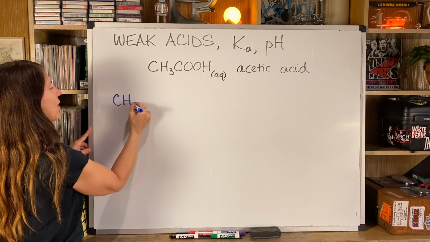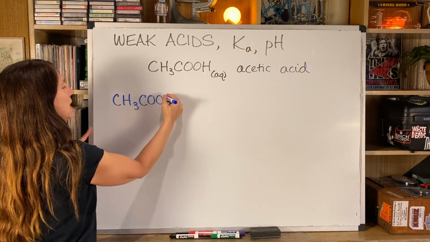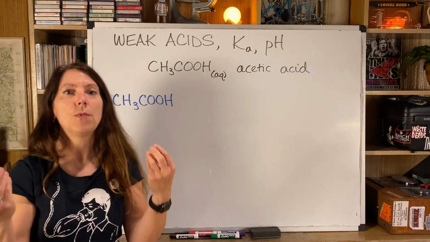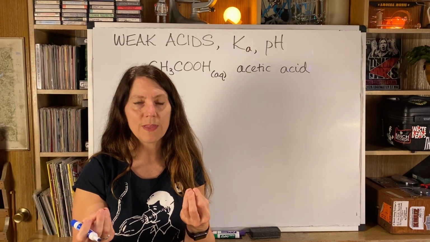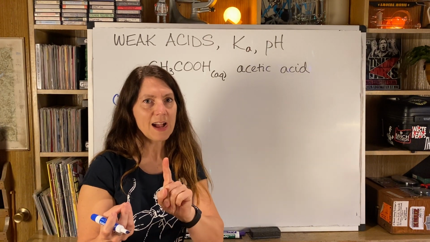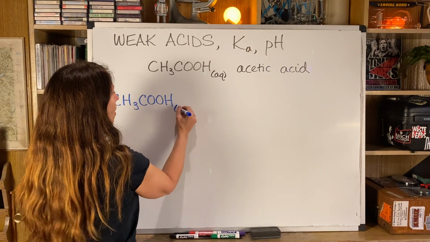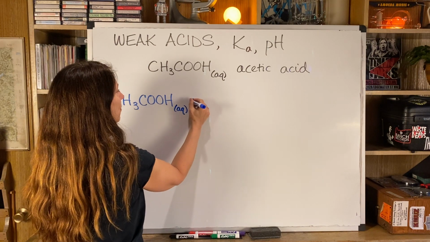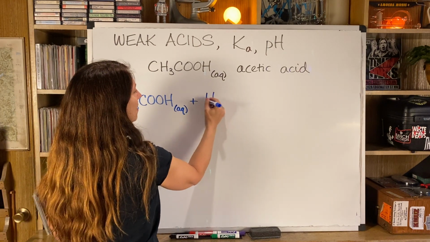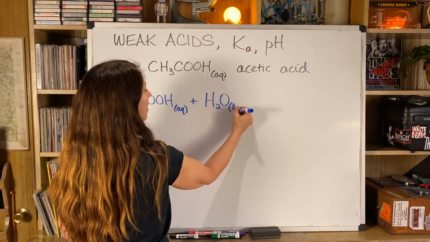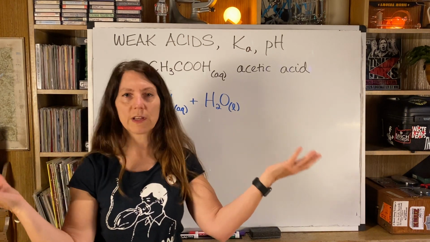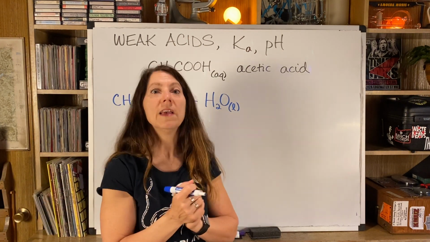Okay, so we've got our acetic acid, and this is a weak acid. And so that means that it's not going to behave quite like strong acids do. When it is put into water, so here's our aqueous phase, and here's our water, and that's just liquid phase. We're looking at all of this at 25 degrees Celsius.